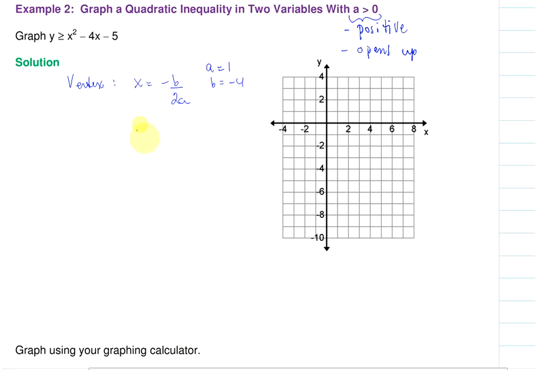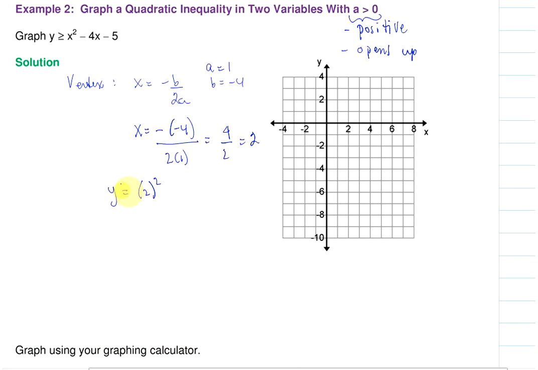Okay, so x is equal to, b is negative 4, so we're going to plug negative 4 into negative b, and then a is 1, so that gives us 4 over 2, which is 2, and then find our y coordinate to our vertex by plugging x into our quadratic equation.